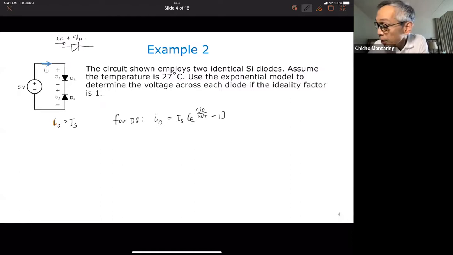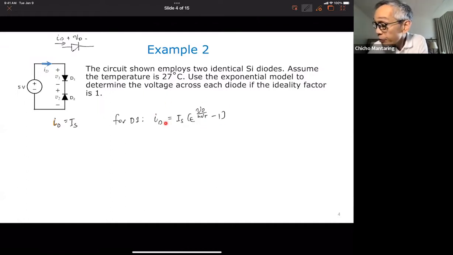I cannot assume now that this is going to be much greater than this. Di ko pwedeng i-assume yon. And the reason for that is the current that is flowing is very, very small. And therefore, if I have a voltage across this, that voltage can be quite small. So I cannot assume that this will be much greater than this. So I'm going to have to use the full Shockley equation.